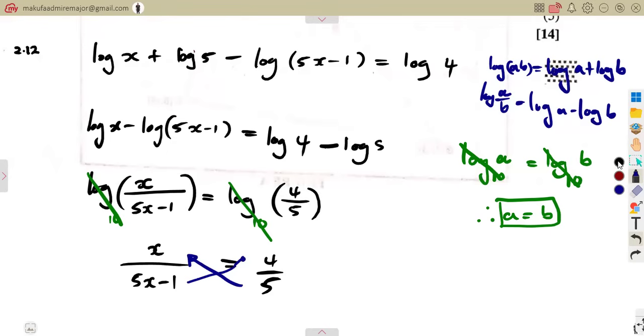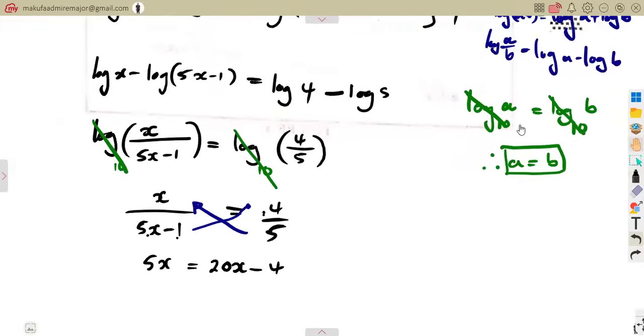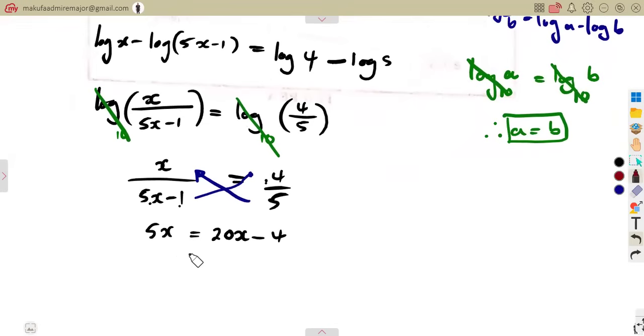Then you can solve for x. 5 times x, 5x. 4 times 5x, that is 20x. 4 times minus 1, that's minus 4. So let's solve for x. You can transpose this to this side. That will be 5 minus 20, which is minus 15x, is equal to minus 4, divided by negative 15. x was going to be 4 over 15.